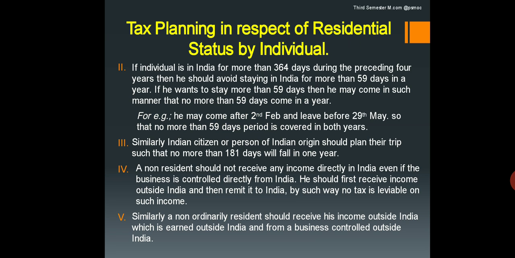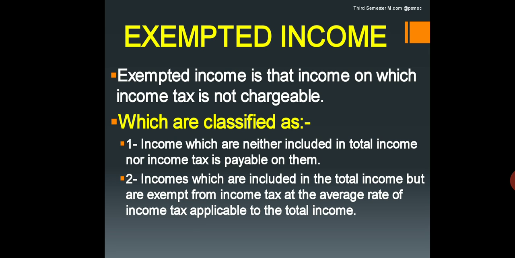Then we are going to move to the exempted incomes. Exempted income means the incomes on which income tax is not chargeable. If income tax is not chargeable for an income, this income is called exempted income. So such incomes can be classified into two categories. The first category is incomes which are neither included in total income nor is income tax payable on them.